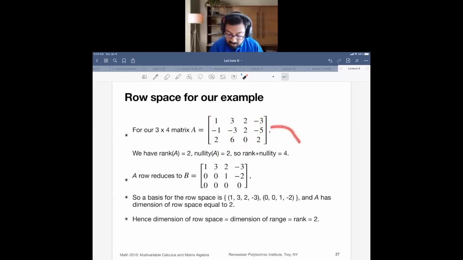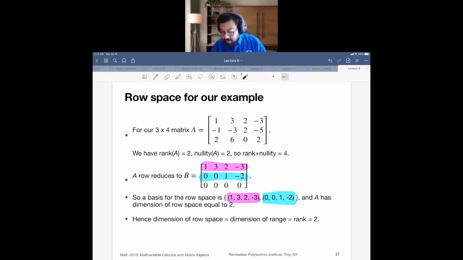And when you row reduce this, what do you get? You get a row equivalent matrix B. What is the row space? The row space is 2 vectors there and there. Here is your first vector, written in my row space there, and the second non-zero vector is over here. That is my second vector in the basis of the row space, written out in blue.